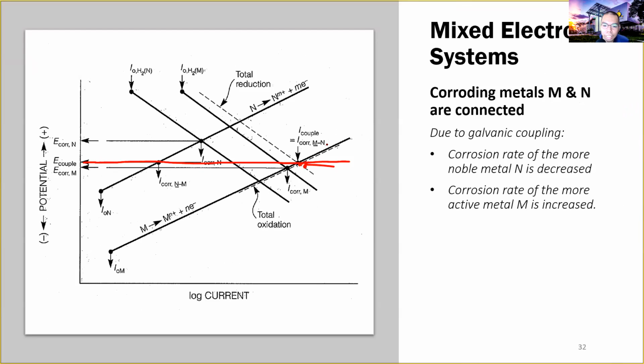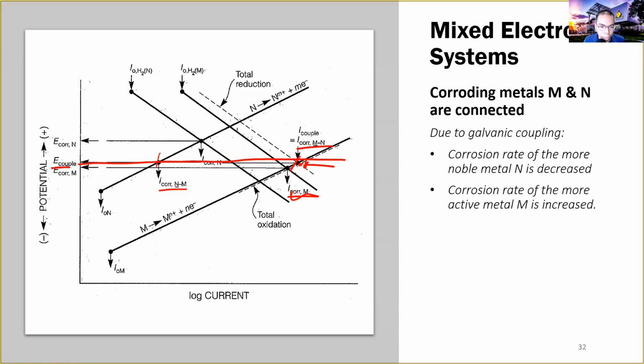To get the corrosion rate of M and N in a couple, so corrosion rate of M and corrosion rate of N, this would be yung E-couple natin.